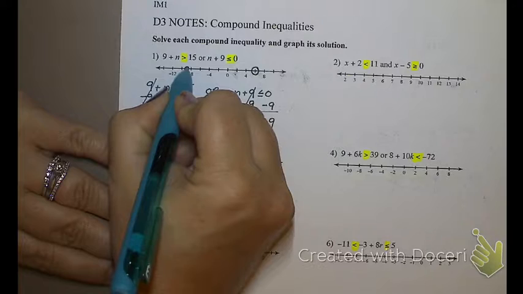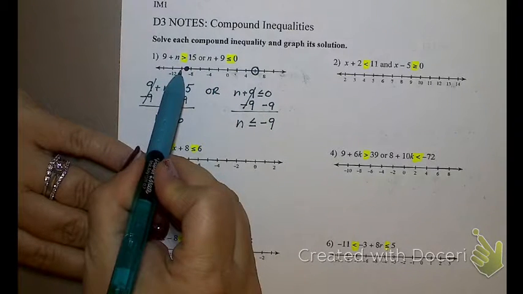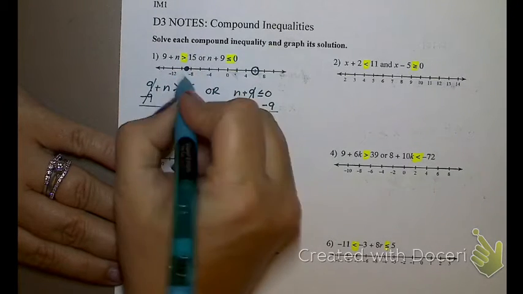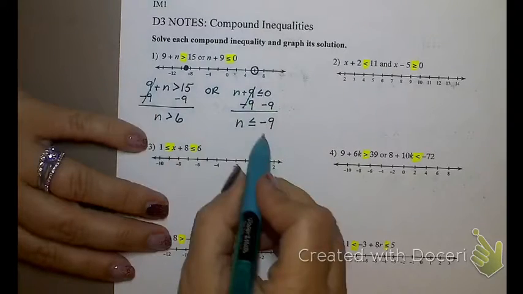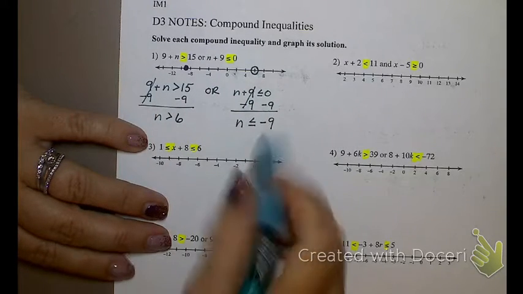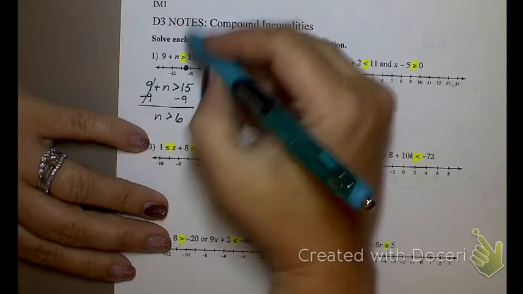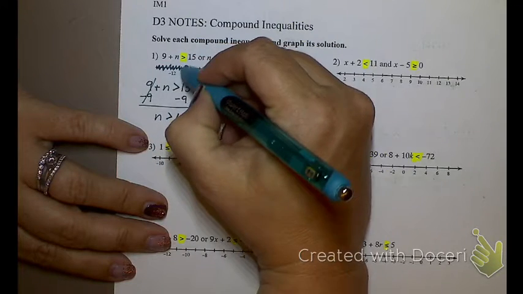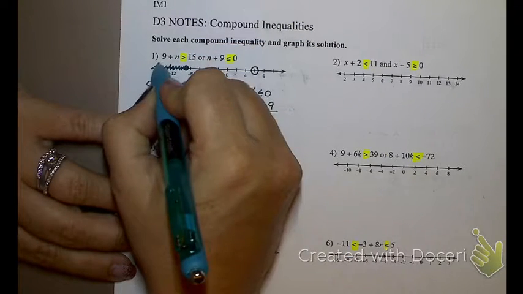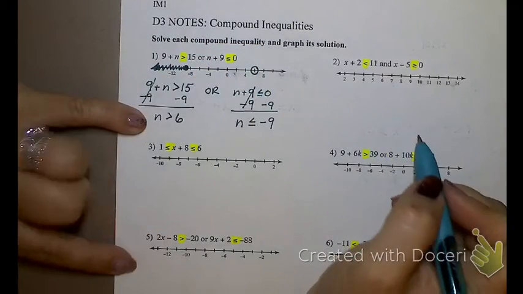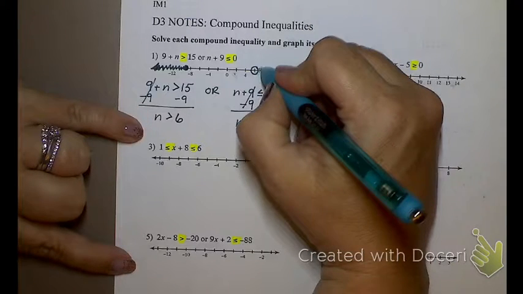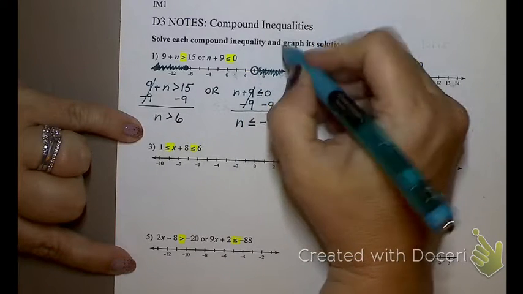It's right there, isn't it? Because that's negative 10. It can't be on that line. It's got to be right there. Now, this is an or, and it should make sense because n is less than or equal to negative 9. Well, that's shading to the left of negative 9, isn't it? N is greater than 6 would be shading to the right from 6.